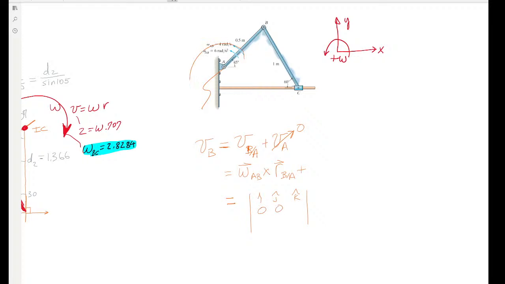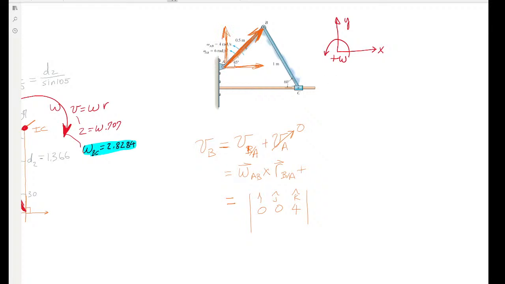Why? Because it's rotating in that direction. So I get a 4. Now, I've got to draw a vector. Starts at A, goes out here to B. So that means a vector that has an x component this amount and a y component that amount.